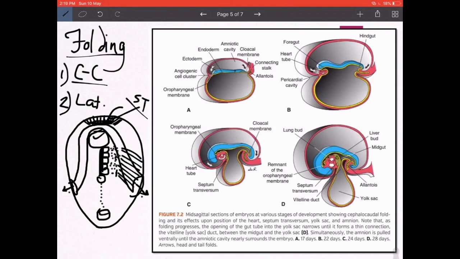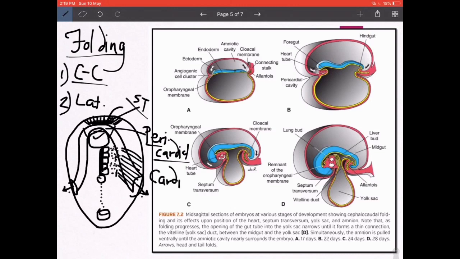Okay, this region of the intraembryonic coelom is actually going to give rise to the pericardial cavity. Okay, don't worry about how, we're going to speak about all that in the development of the heart tubes.